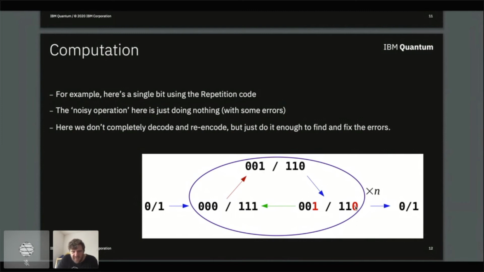So we identify that as a problem, and then we can fix the error just by flipping that bit. So we can flip the last bit, and then whether we encoded a 0 or a 1, it fixes it. So we're going to do a process of trying to find, while it's still encoded, hints about what errors have happened so that we can keep on cleaning up our encoding while we're doing a computation.